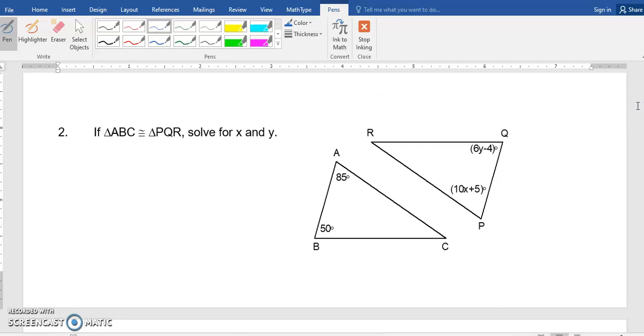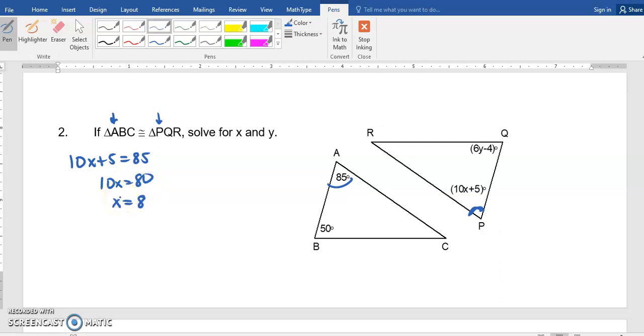So in triangle ABC is congruent to PQR, again, solve for x and y. So angle P has to go with angle A. So I know to set that equal to 85. 10x plus 5 equals 85. Subtract 5 from both sides and divide by 10.